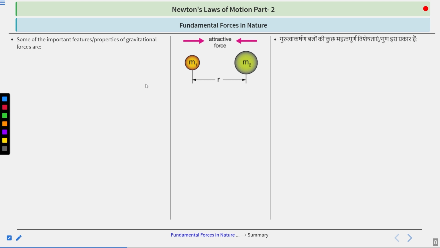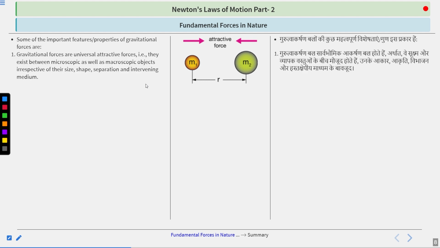Now let's discuss some of the important features and properties of gravitational forces. First, gravitational forces are universal attractive forces. Therefore they exist between microscopic as well as macroscopic objects, irrespective of their size, shape, separation and intervening medium. So remember, gravitational force is a universal force.